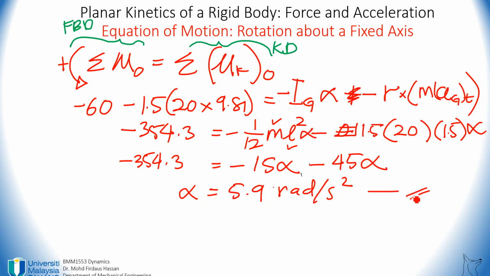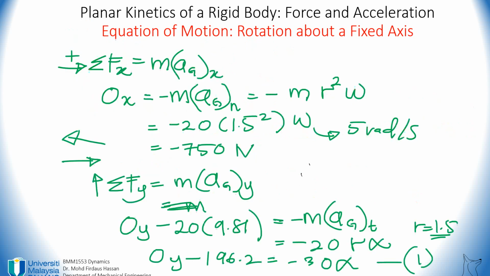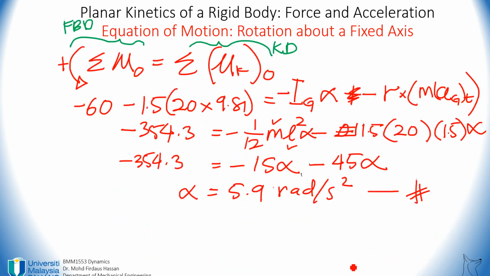Okay, so that means you get alpha directly from the summation of moment. Since you got alpha, you can go back to the previous equation. You can replace alpha here and then you can get OY.